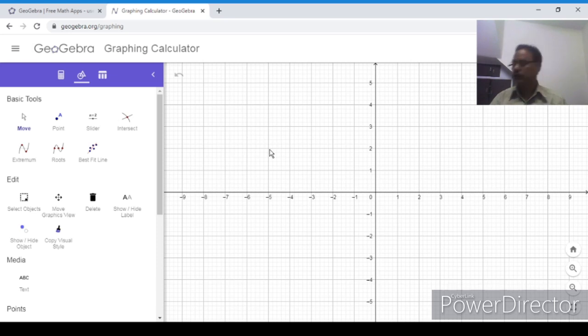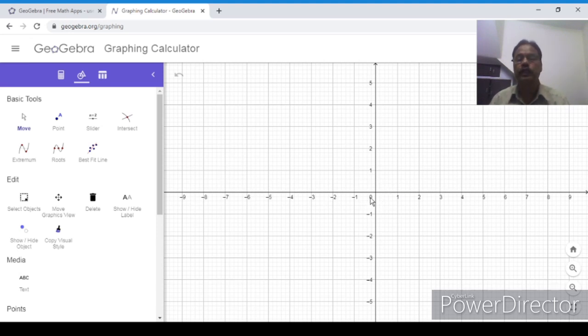Now let us plot these points on this graph paper. 6, 4. We want to plot 6, 4 on the graph paper. So let us see how do we plot it.